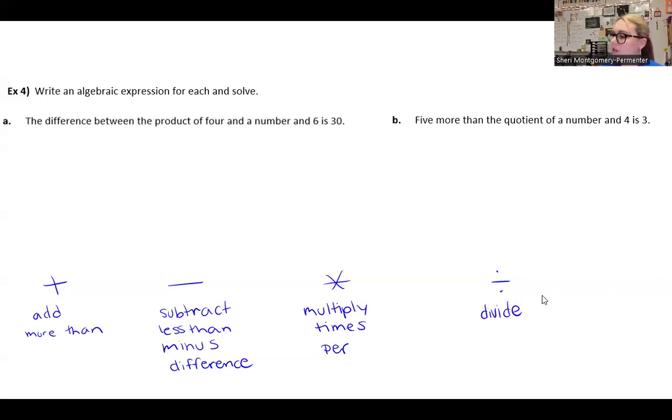Look in your notes and in your homework for a word that goes with multiply or divide. Half? Yeah, that's a good one. There's another one on the notes. Difference goes with subtract. Quotient. Yep, good job.